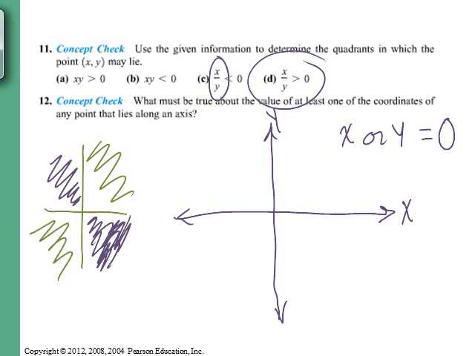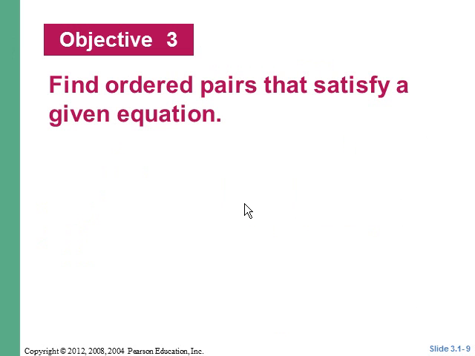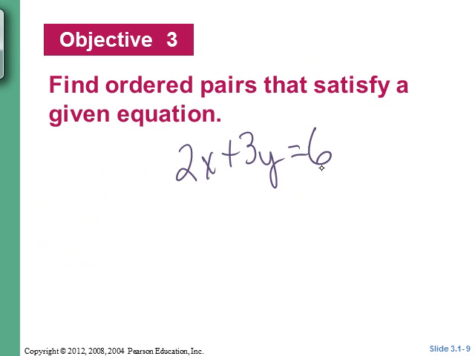Page 137 asks us to find an ordered pair that satisfies a given equation. How do you go about doing that? Well, the example they give is 2x plus 3y equals 6.